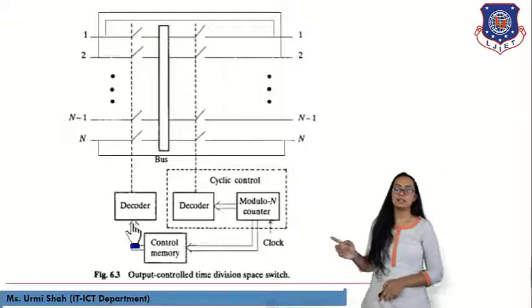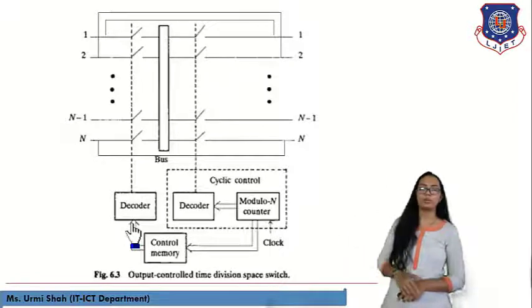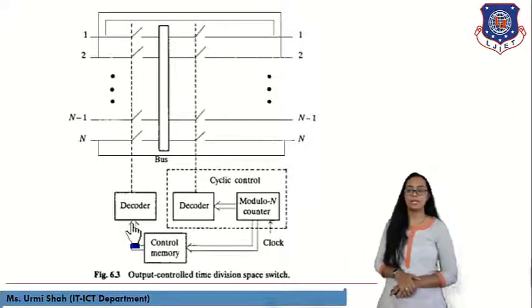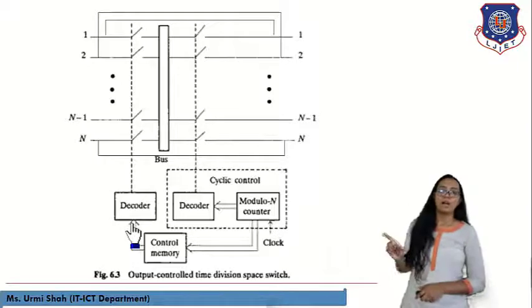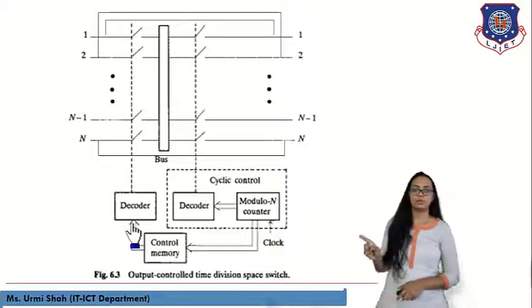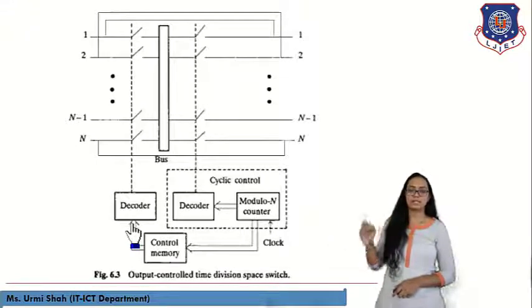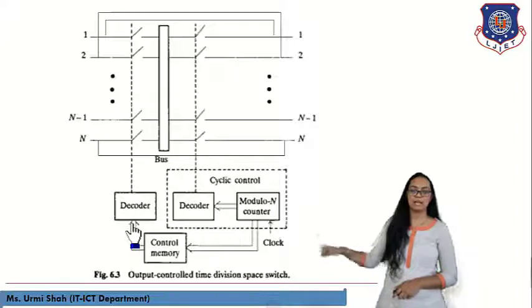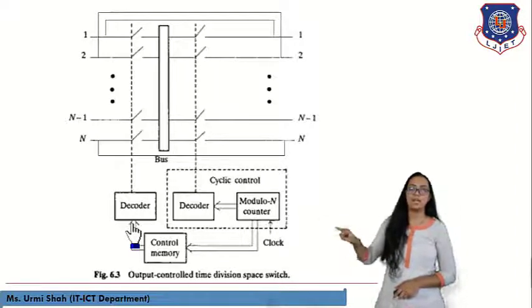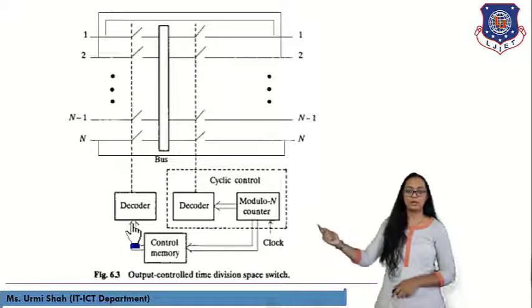Next, this is the network which we saw for time division space switching, but this is the output control network. The output control network, as you can see here, has N cross N, that is inlets and outlets, and it has a bus structure like this. The clock is given as input to the modulo N counter.